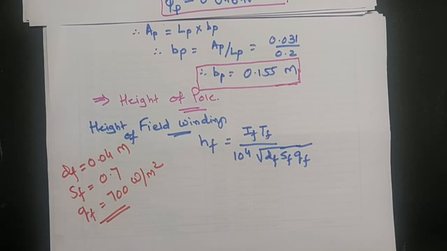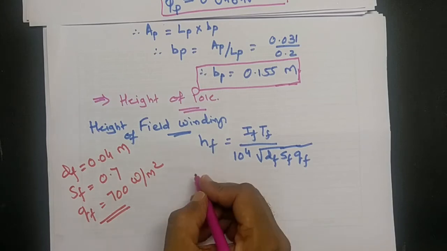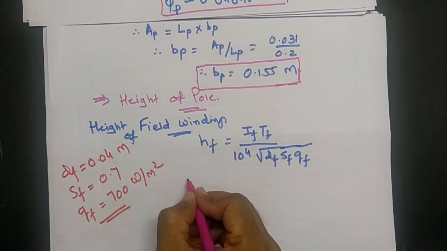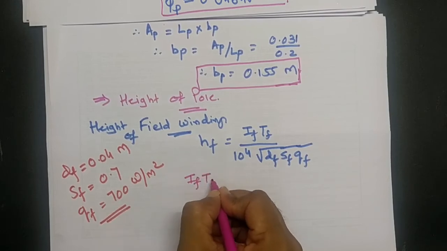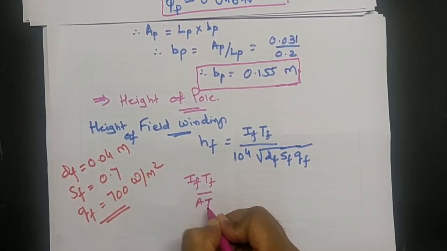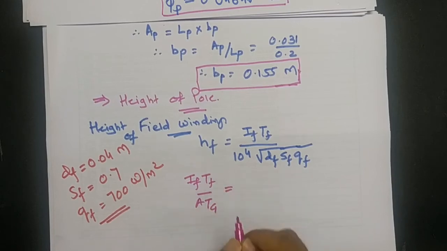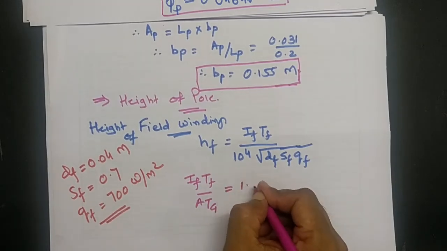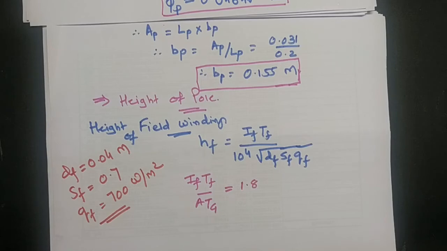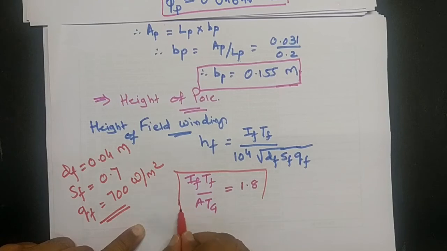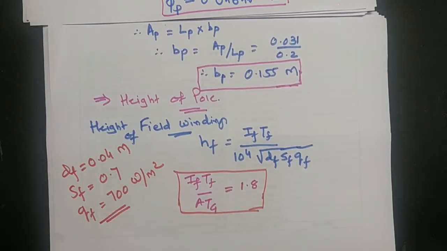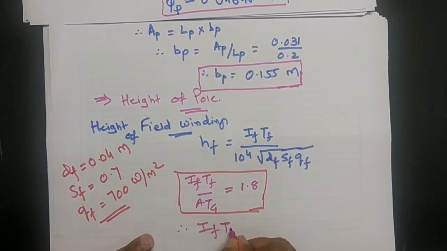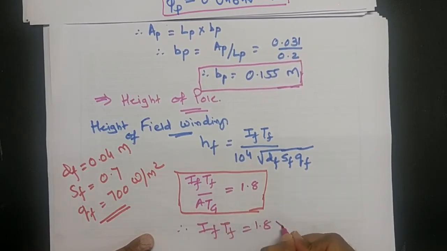Now one more relationship we have to find at this stage: the ratio of IFTF to ampere turns for the armature can be assumed as 1.8. This is purely we have to decide. Therefore IFTF is 1.8 times ampere turns for the armature.